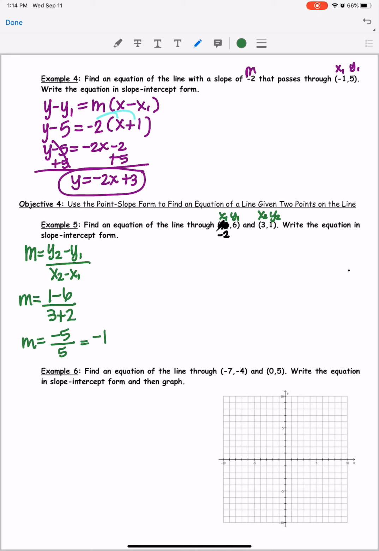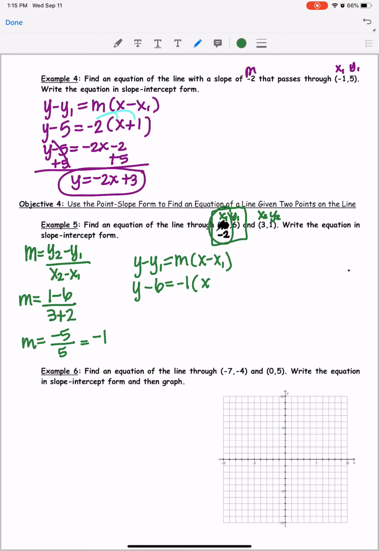So if I go with this one here, when I plug this into my y minus y1 equals m times x minus x1, we've got y minus, my y1 is 6, equals my slope is -1, and then x minus my x1, sorry.